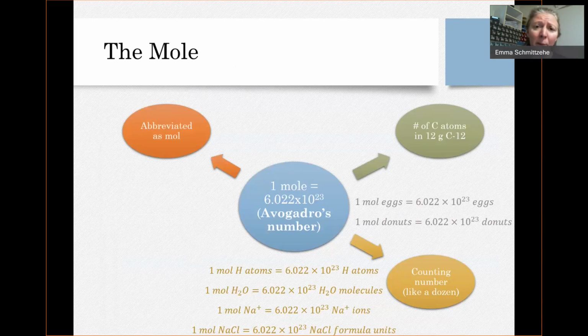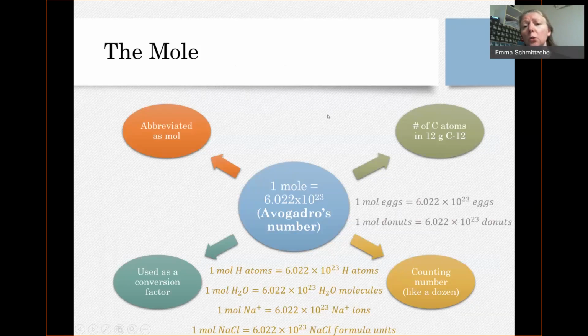NaCl is an ionic compound, which comes in units of formula units, okay, not molecules. And so all of those things are just telling you what 1 mole of something would be, okay, but it's always Avogadro's number of whatever that thing is, whether it is a molecule, an atom, an ion, and so on. And we use this as a conversion factor.